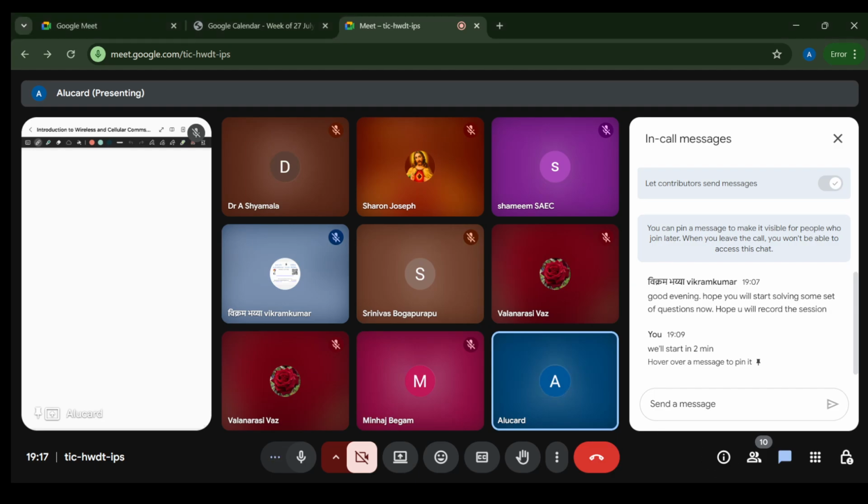Okay, we'll start now. So these are previous year questions, so they'll be similar in format to your current assignment questions. Maybe the numbers will have changed.